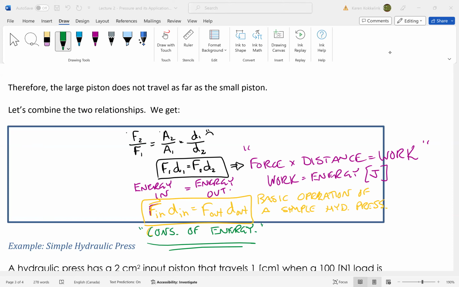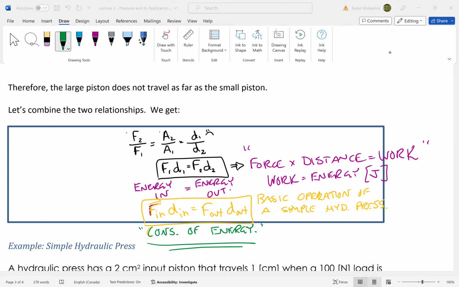So if I were to summarize this, I would say that we can apply a force to one piston and get a force out of the other piston, no matter what the cylinder sizes were, because Pascal's law says that pressure is the same throughout, and the pressure is going to transfer that ability to do work from one piston to the other. It does that because even though the pistons are a different size, we can conserve energy in that they do travel the same volume.